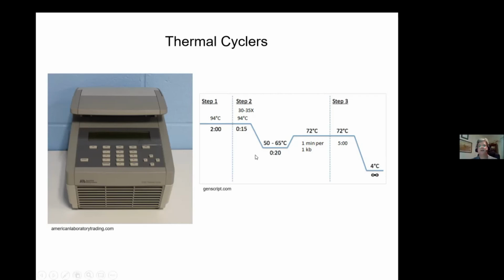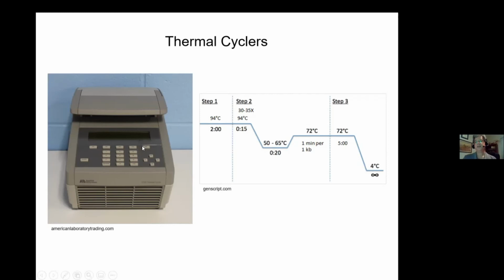So you could go from 95 or 94 down to 55 and back to 72, and then back to 94, down to 55, up to 72, up to 94. So you would just keep going through these cycles, and this instrument is able to heat and cool within milliseconds. So this really rapid heating and cooling allowed the cycling to be done automatically. And with the Taq polymerase, then you didn't have to keep adding Taq at every step.